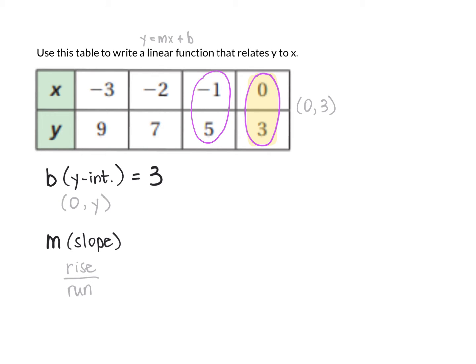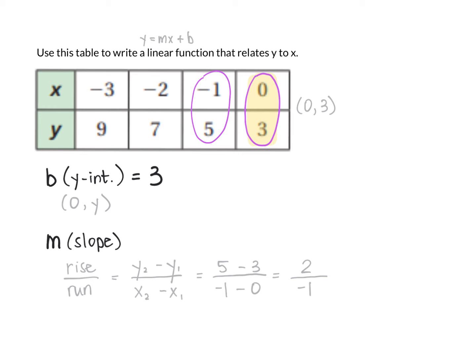And I'm going to set up the equation, rise over run, which is y minus y over x minus x, okay? So let's go ahead and set that up. Let's use this as our first y. So 5 minus 3, okay, over, and since we started here, we have to use this x first. -1 minus 0, all right? So let's process that. 5 minus 3 is 2, and -1 minus 0 is -1.